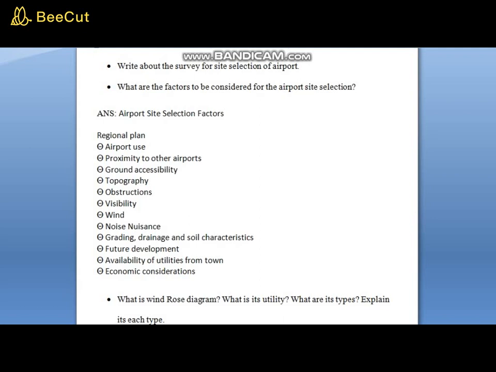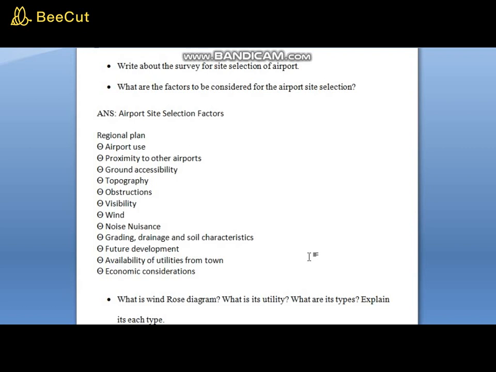The factors to be considered for airport site selection are: first, airport use; second, proximity to other airports; third, ground accessibility; fourth, topography; fifth, obstruction; sixth, visibility; seventh, wind; eighth, noise nuisance; ninth, grading, drainage and soil characteristics; tenth, future development; eleventh, availability of utilities from towns; and twelfth, economic considerations.